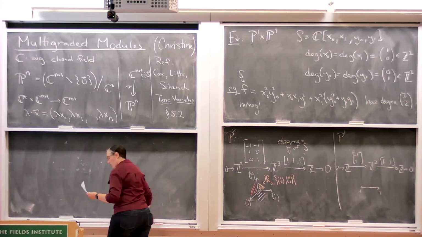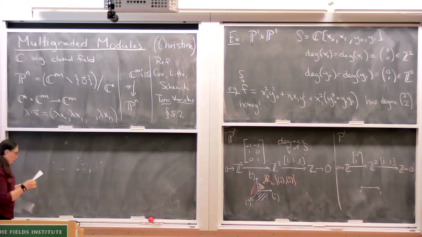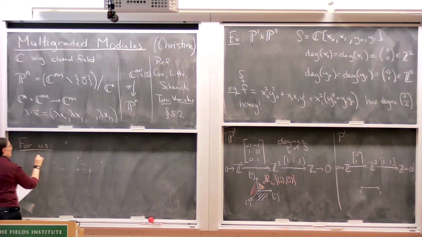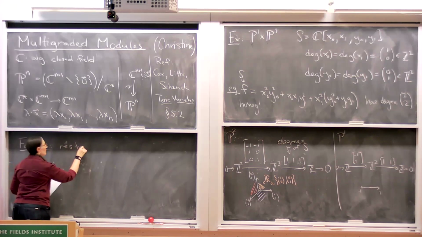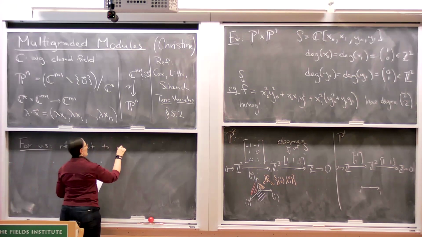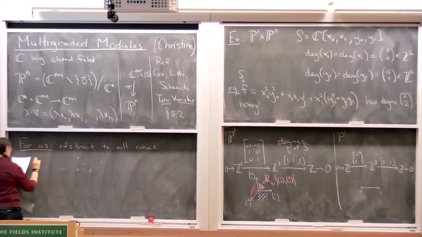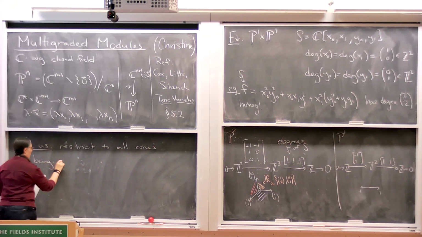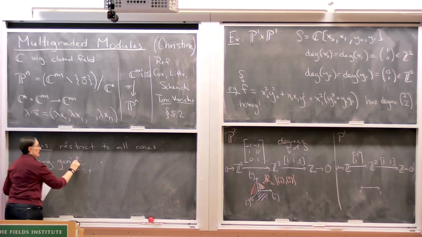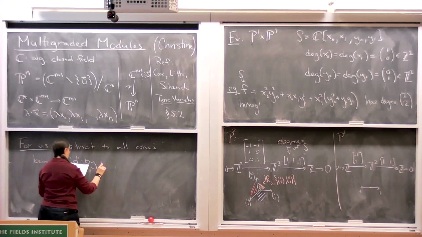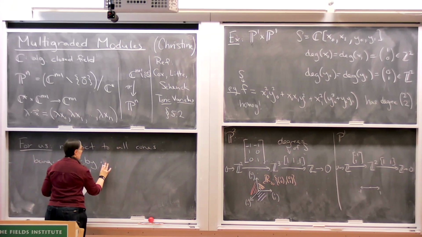When we look at cones, we're always going to assume this: we're going to restrict to all cones being generated by sets of linearly independent vectors.